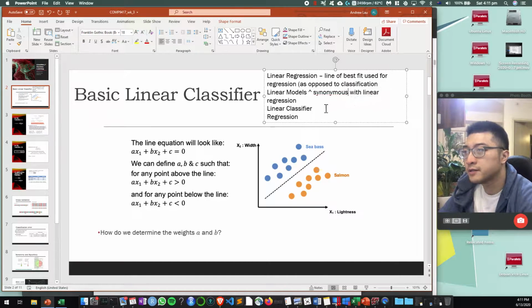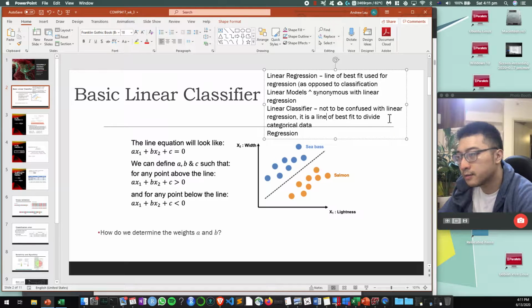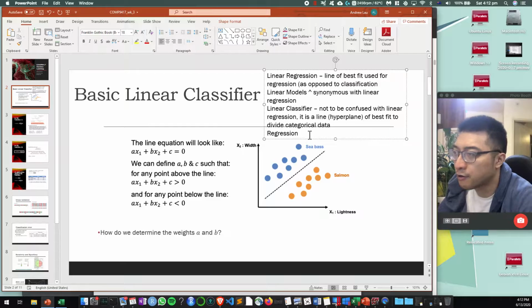Your linear classifier, I'm about to go through here. So this is not to be confused with linear regression. It is a line of best fit to divide, I suppose, categorical data. I'm going to say line or hyperplane or plane, a best fit to divide categorical data.